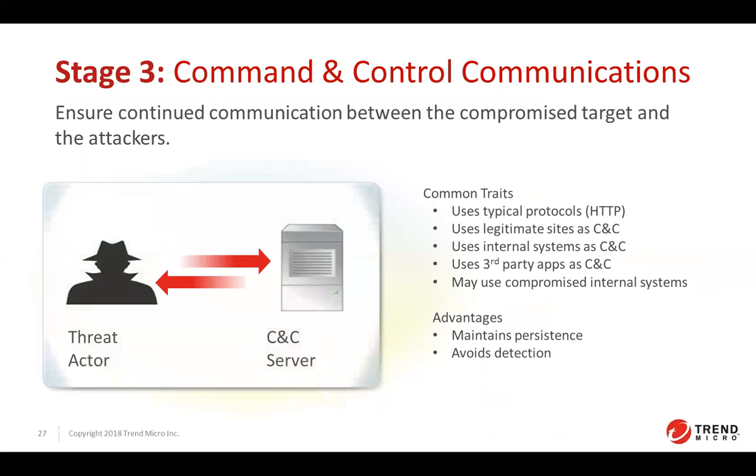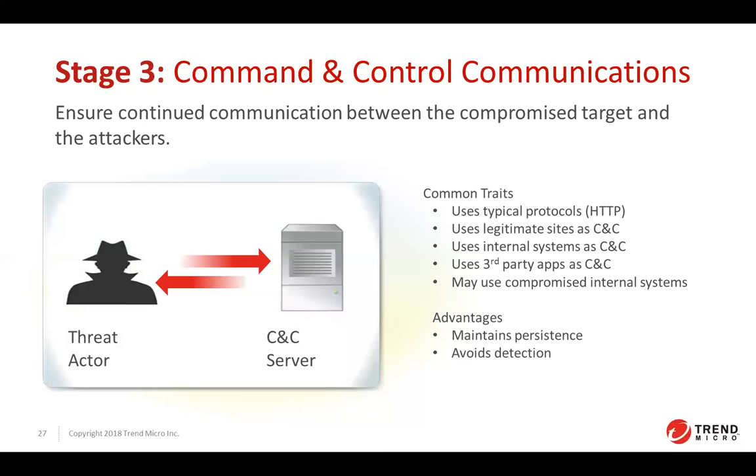If they do establish a beachhead, and typically it's going to be some employee's machine, then they're going to put in command and control communications. This is how they can continue communicating between themselves and the organization. Usually they're going to use HTTP, but they could also use third-party apps. We've seen cloud storage devices and the public cloud utilized this way.